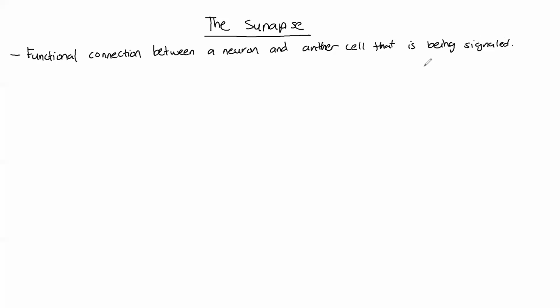Okay, or another cell that it is signaling. And so we describe two main types, chemical versus electrical.